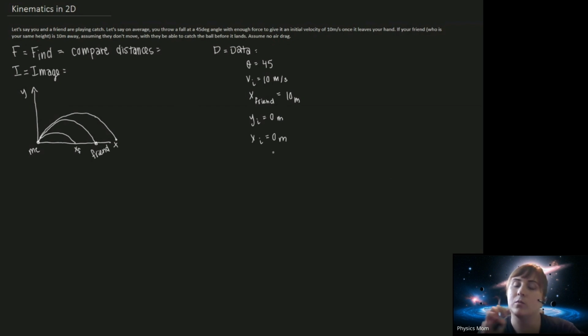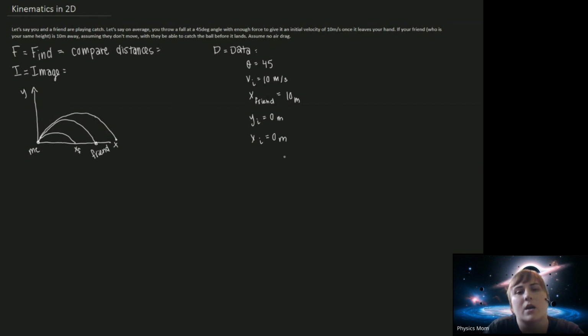I'm going to specify one more thing, too, in this case, that my Y final, when it reaches my friend, should also be the same 0 meters. But we'll take a look at that in a second to assume essentially how long it would take if it did reach my friend.